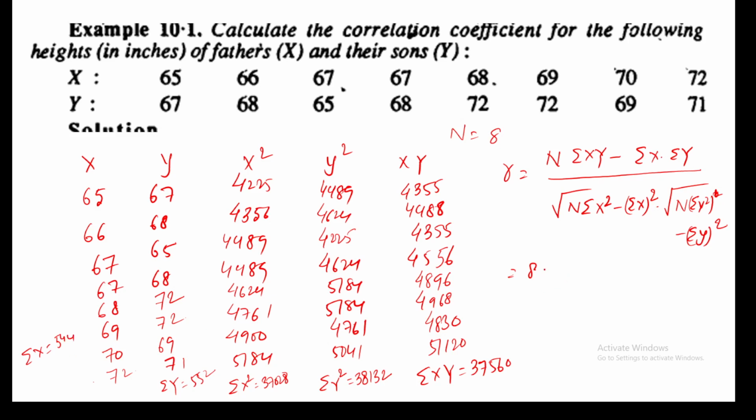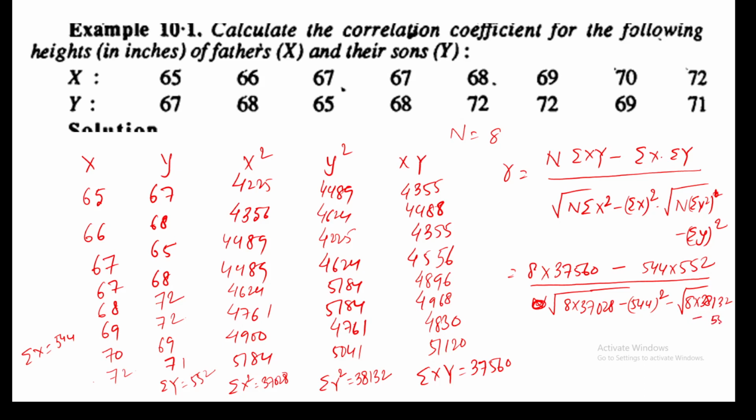So we will multiply 8 with 37560, minus sigma x into sigma y, 544 into 552, under root of 8 into summation of x square 37 minus sigma x square, 544 square, minus 8 into summation of y square 38132 minus sigma y, 552 whole square.